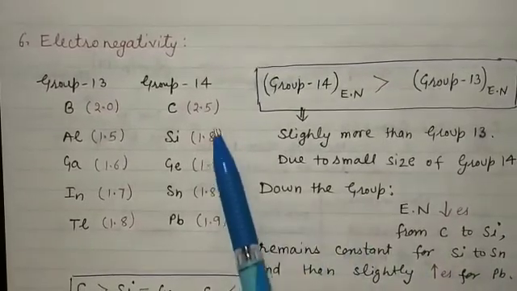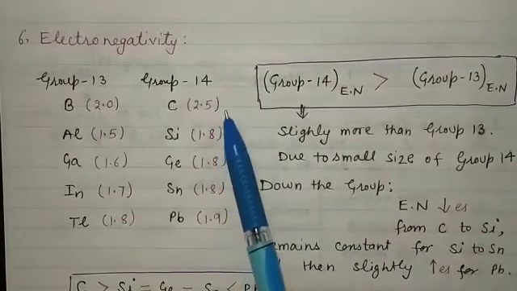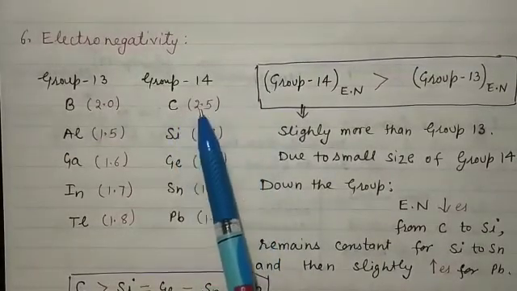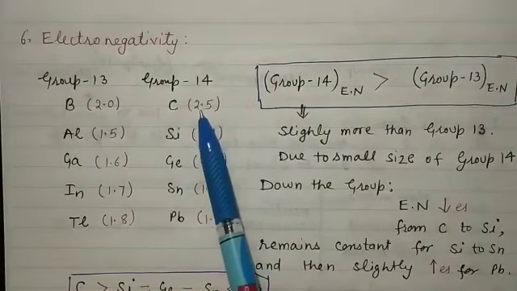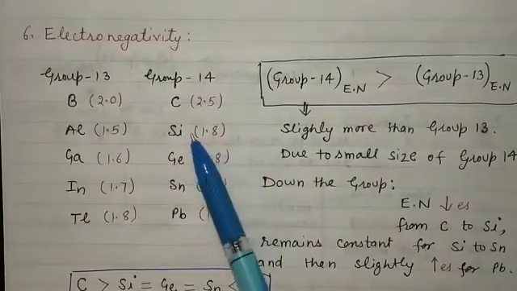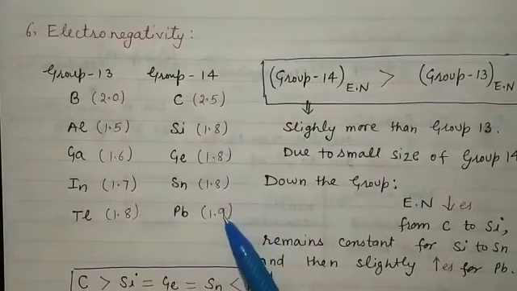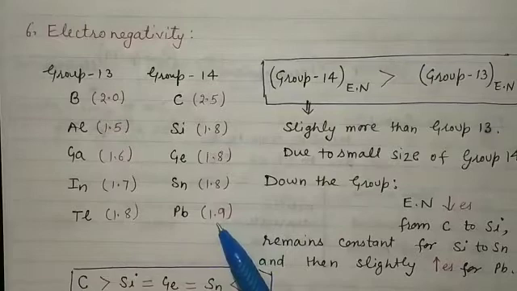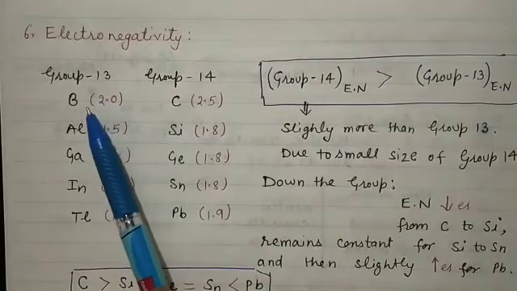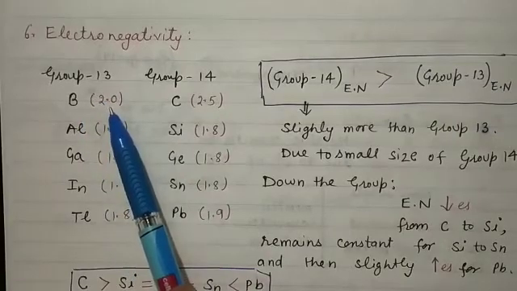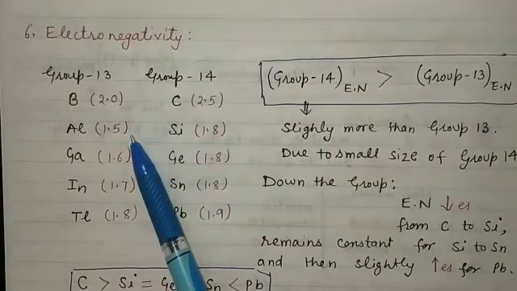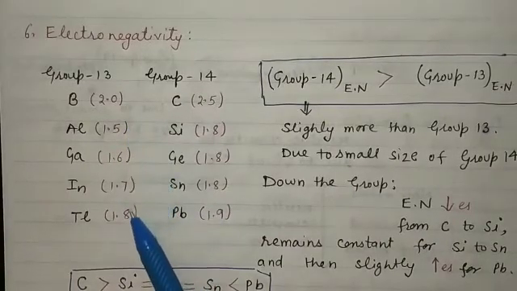So here you will see that carbon has electronegativity 2.5. Thereafter it has a constant value of electronegativity from Si to tin, and then a slight increment in the case of lead. Likewise, in group 13 elements, boron has electronegativity 2.0, and thereafter if we move down the group, the electronegativity value increases.